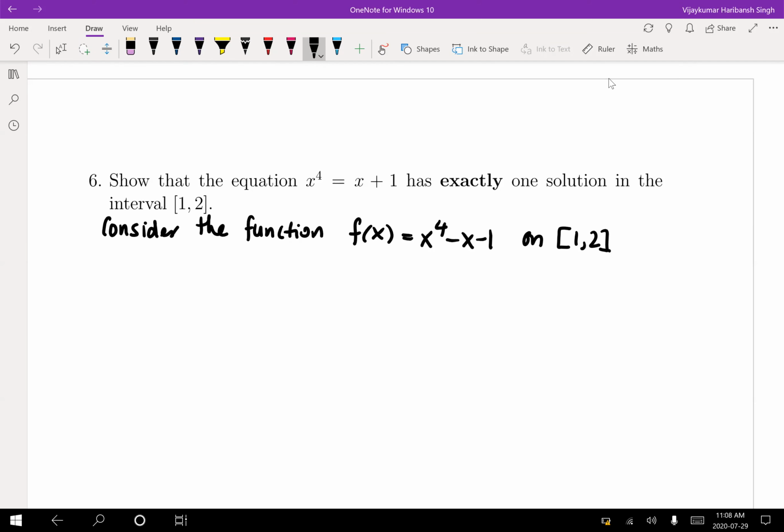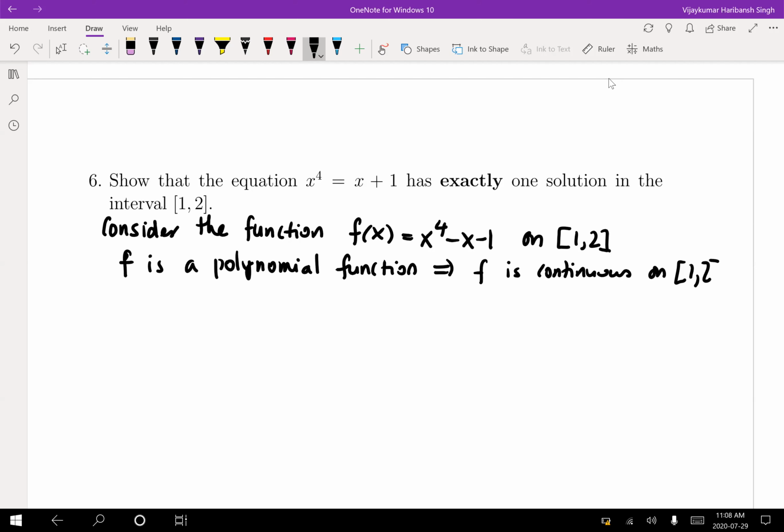Now, f prime x, so what we have is f is a polynomial function. Implies f is continuous on, it's actually continuous on the whole of real number, but every function which is continuous on all of real number is also continuous on this subinterval. So f is continuous on this.